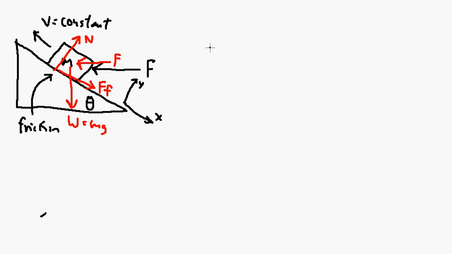So let's do a free body diagram for the block. I like to always include the name of what I'm doing the FBD of, even if it's semi-obvious. It's a good habit, because sometimes you'll have problems where you have to do multiple free body diagrams, okay? So, there's our Y.